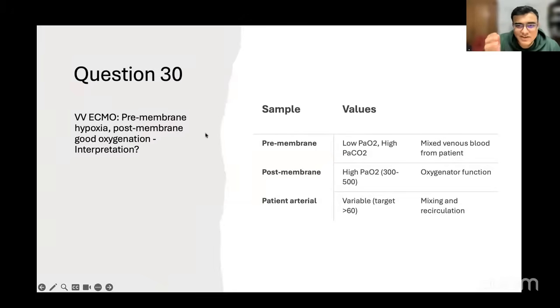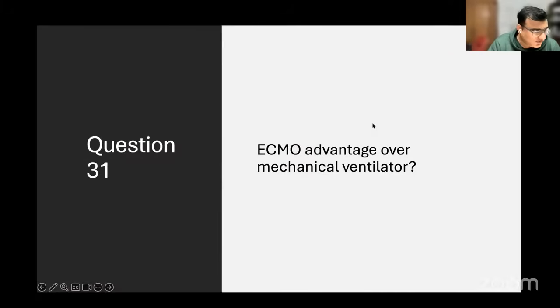And post-membrane, you will have high PaO2, 300 to 500, which tells you about oxygenator function, and patient arterial variable targets will be there, right? Either somebody recalled it incorrectly, or what, because pre-membrane hypoxia and post-membrane good oxygenation is actually a normal phenomenon in ECMO.